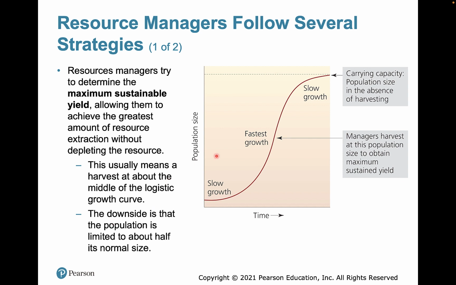The upside is you get the maximum yield that still allows the species to grow, but you only get about half the normal size. So the population about doubles between maximum sustained yield and carrying capacity. It's about halfway. But that's okay, because it allows us to continue to use the resource without depleting it.